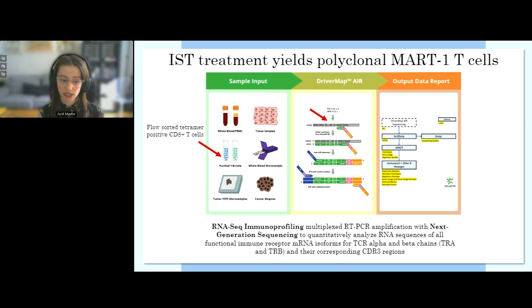The resulting library was then sequenced via next generation sequencing, and the final data package was processed using R to pull out and quantify the alpha and beta TCR chains, as well as their corresponding CDR3 regions. I do want to note, because this is a bulk RNA method, I couldn't conclusively make claims about the alpha and beta pairs, but it did enable us to look at the diversity as a whole.